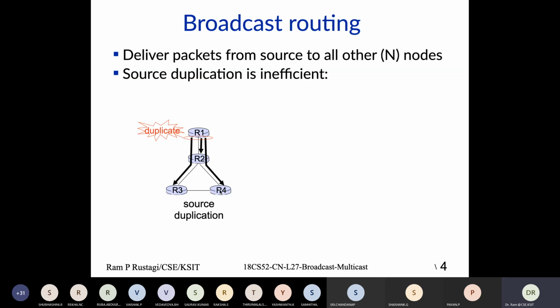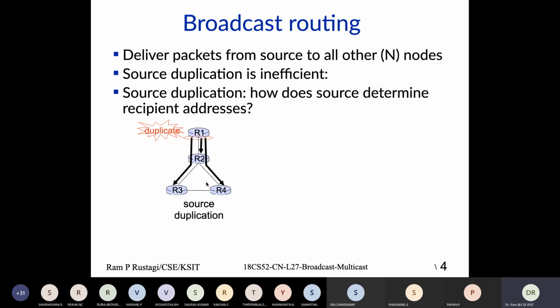All the n packets. Do we need to transmit all the n packets, the same packet, going on the same link? This link would be choked. That's the reason for the inefficiency, because this link will get choked because of the number of packets, and that is one problem.